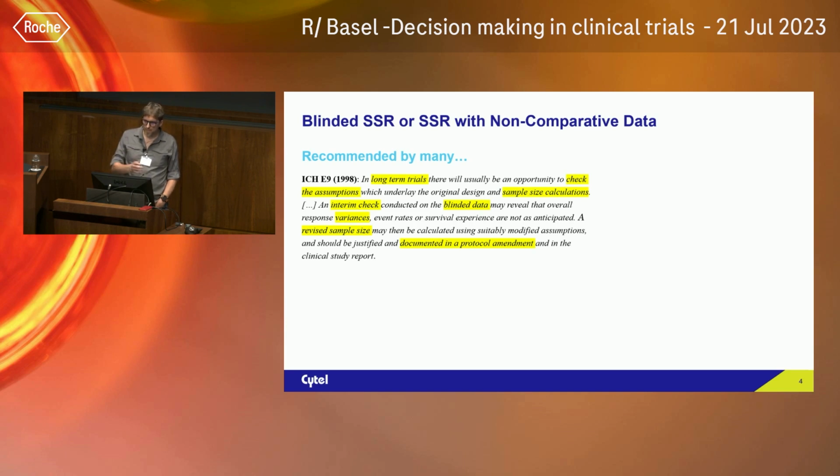And then you can use these blinded data to assess, for example, the variance or event rate in survival analysis, and see if this is as anticipated or not. And then do a revised sample size and document this in a protocol amendment.